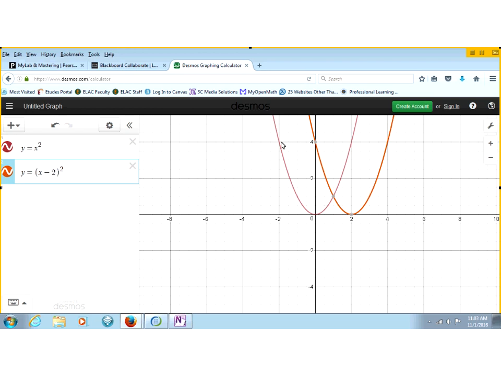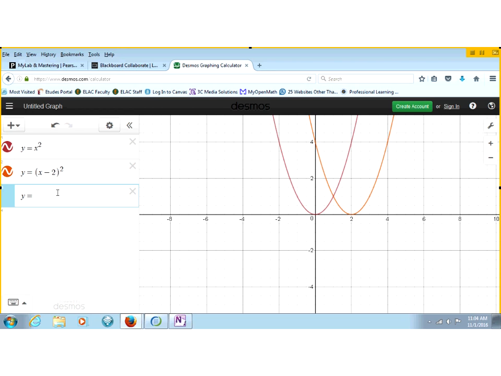Before it's this point, now it's this point, shifted 2 units to the right. Everything is shifted. Does that make sense? So what is the vertex? 2, 0. Why does it open up? Because the coefficient of x squared is positive.